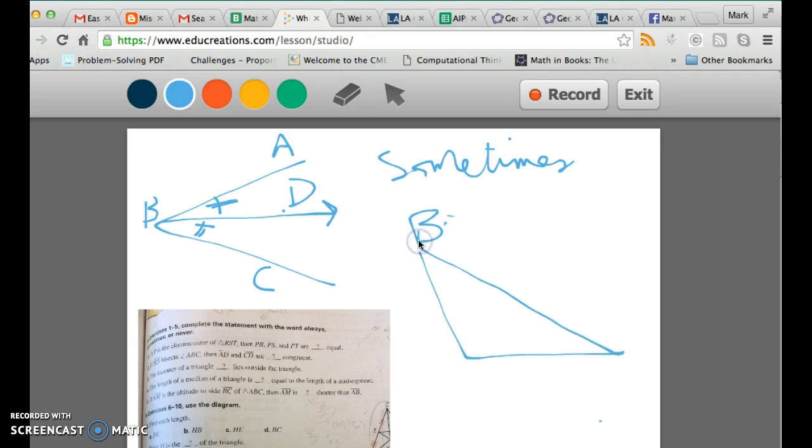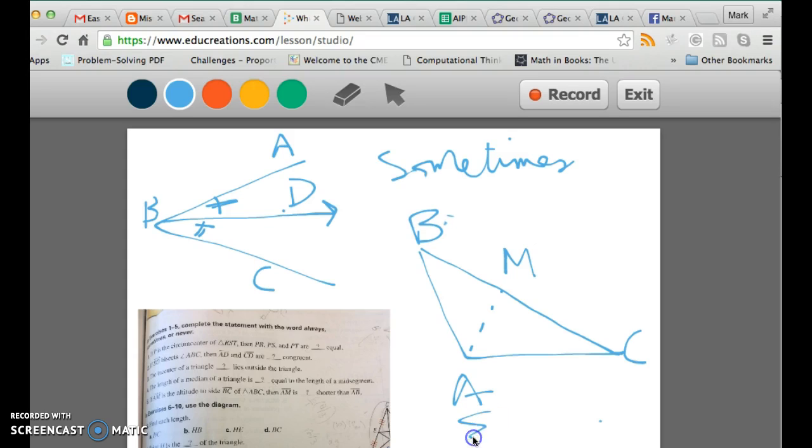There's B, C, A. Well, the altitude AM might be like this. So AM is a perpendicular distance to BC. So AM has to be shorter than AB unless it's a right triangle, then they could be equal.